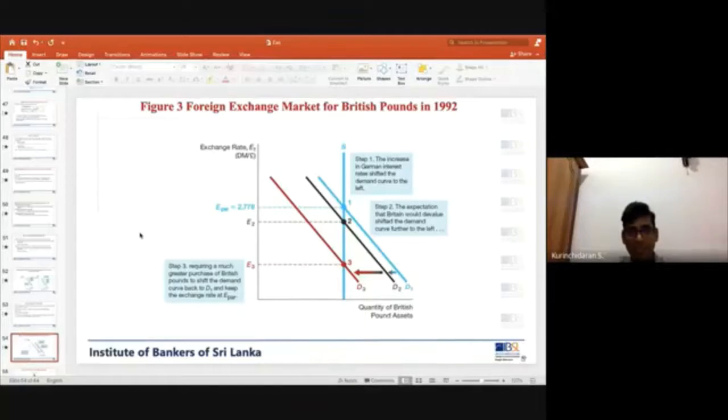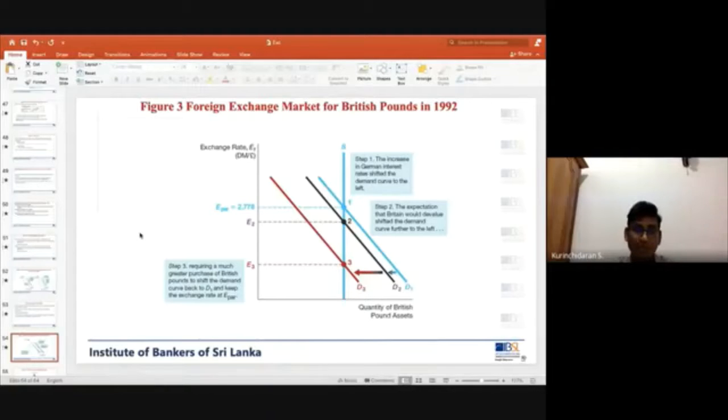Because of the German interest rate increase, demand for British pounds will decrease, and the further expectation of devaluation will move the demand curve more to the left. So that means the exchange rate would be at E3.